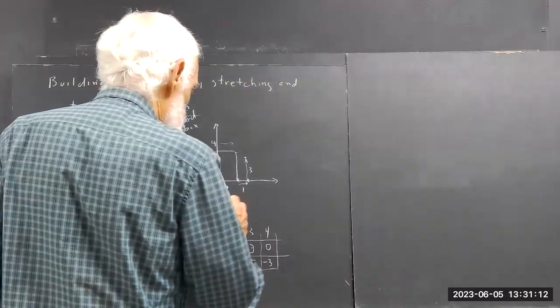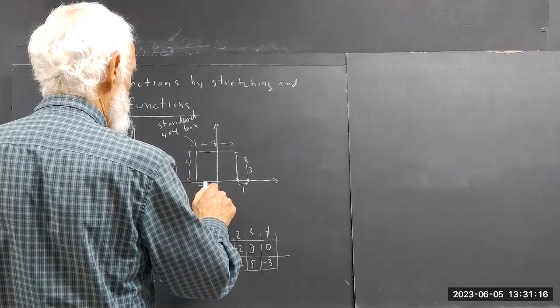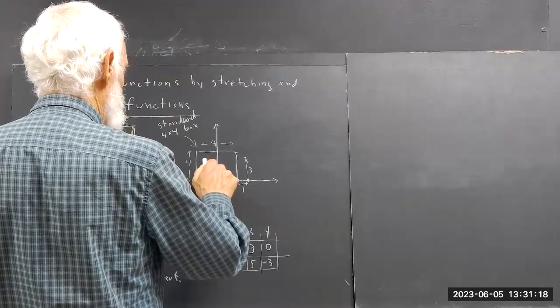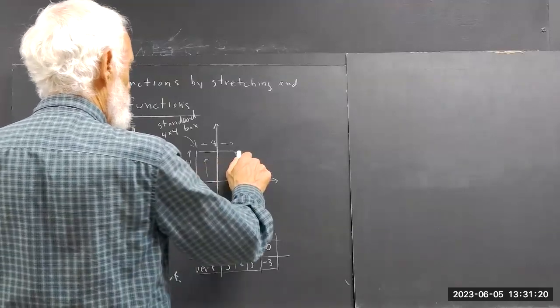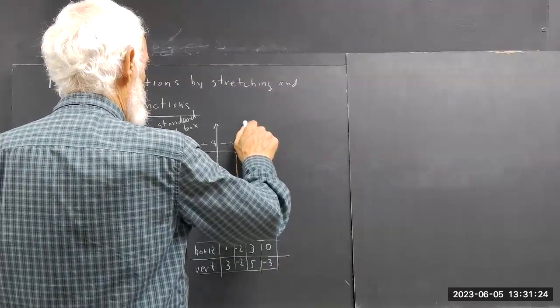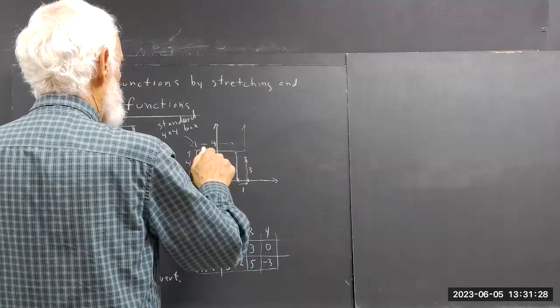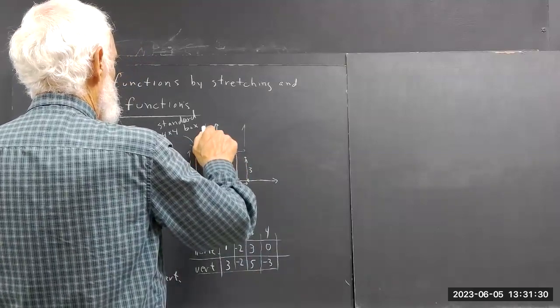Now, every other point is going to move similarly. So I'm actually going to go ahead and sketch this. This point's going to move to here. This point is going to move here. And this point will move to here.